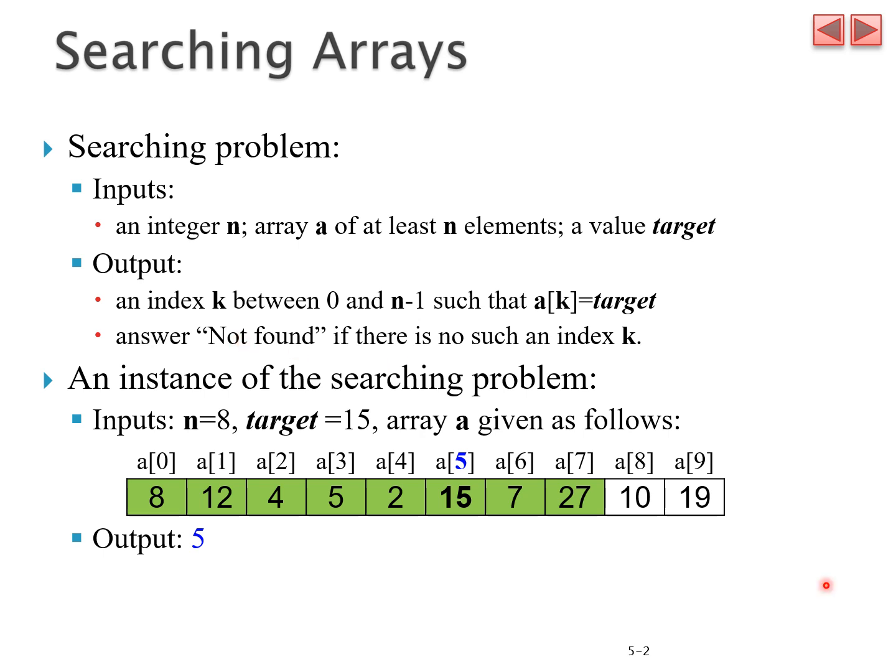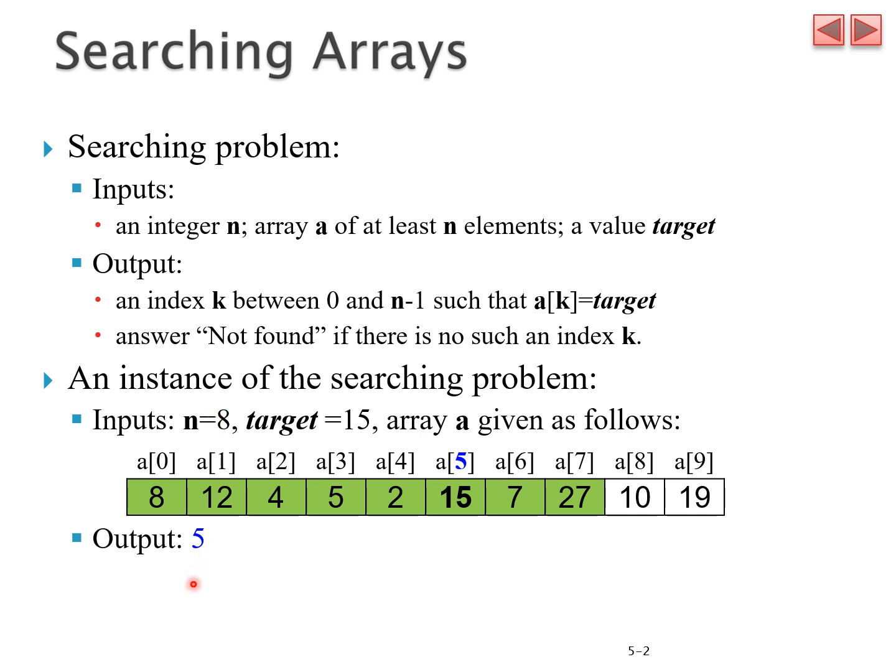Here is an example or instance of the searching problem where input n equals 8, target equals 15, and the array A is given as in this array. Note that here array A has 10 elements, but we are supposed to search within the first 8 elements only because n equals 8.